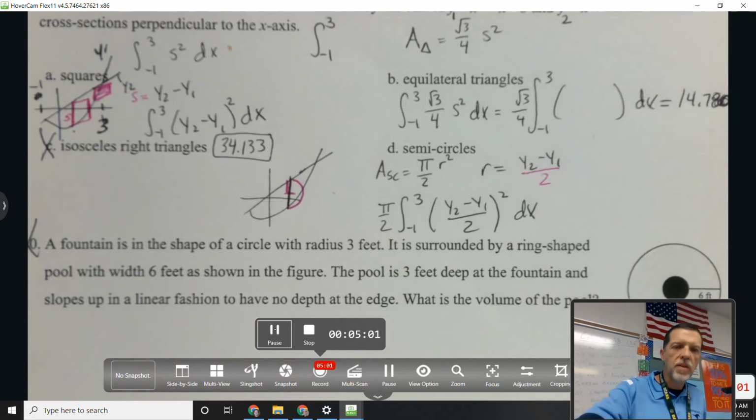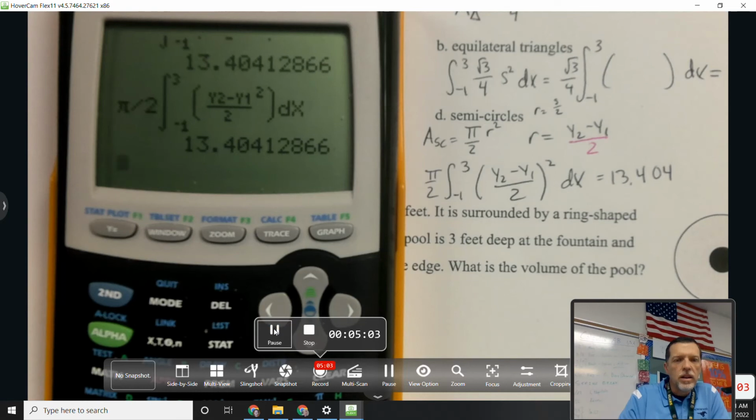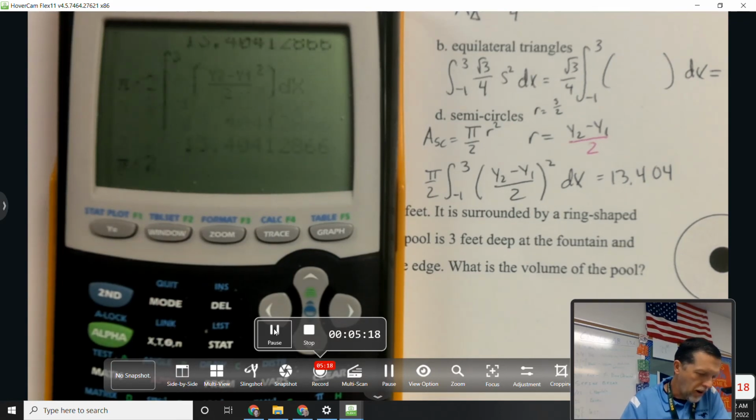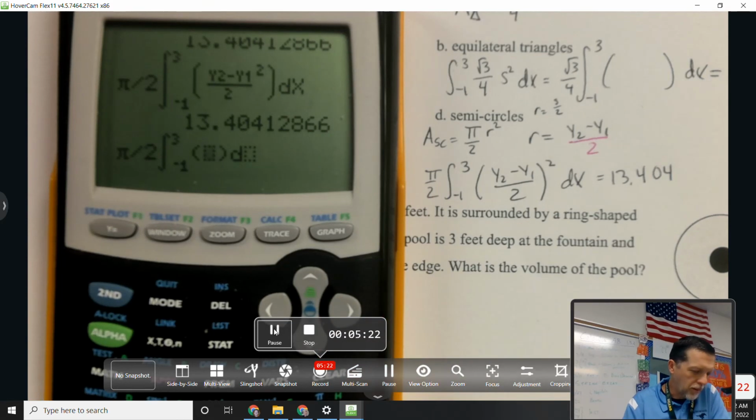So see if you can type that one in and get the answer. Should that be like 2? I had 3 on the outside. So how many parentheses there are depends on how you put it in. My parentheses stayed and then I got 13. If I want to avoid the fraction bar, it comes with a parenthesis, so that adds an extra one.